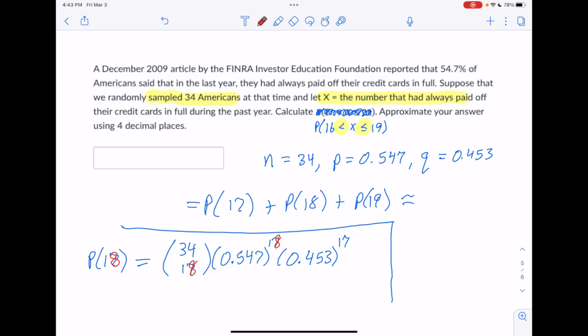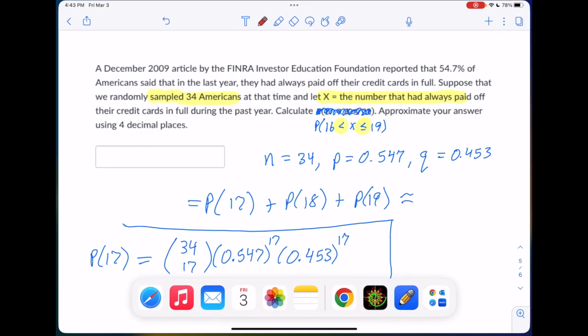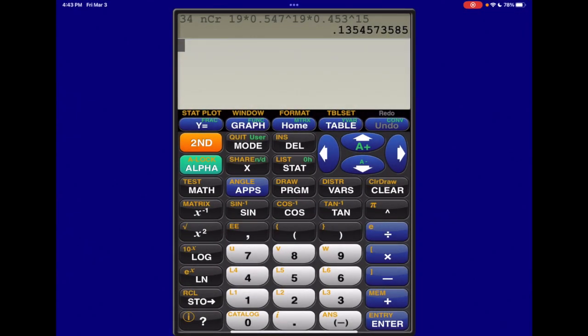And then, if you want it to be the probability of 19, you would change this to a 19, this to a 19, the exponent on P to a 19, and the exponent on Q becomes 34 minus 19, which is 15. So we can just make small alterations each time to get the new version. I want you to keep that in mind, that each new calculation is a small alteration of the previous one, and we'll take advantage of that on the calculator side of things.